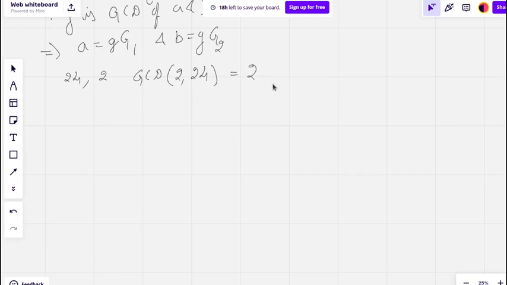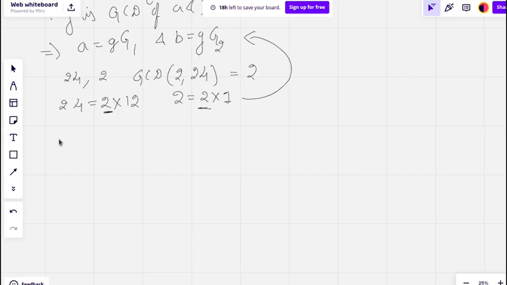Since 2 is the GCD, 24 can be written as 2 into 12, and similarly 2 can be written as 2 into 1. So here this 2 is the GCD. By similar logic, A equals G times G1 and B equals G times G2.